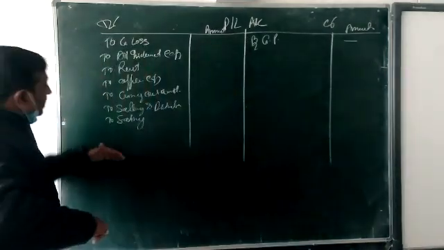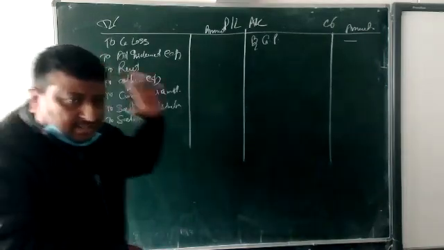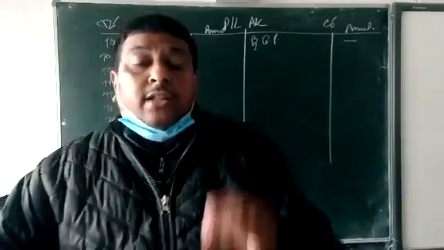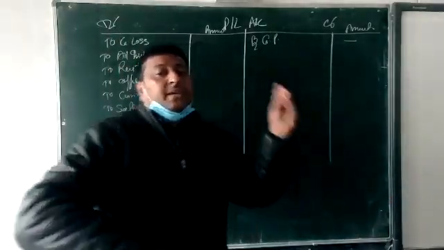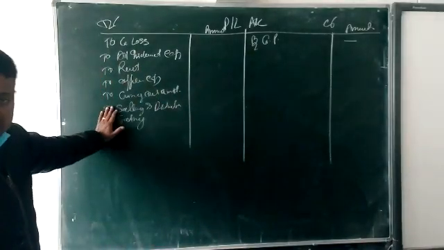Okay, don't just remember all this. Just keep in mind that all indirect expenses, or the expenses which we are not showing in the trading account, those expenses we are showing here. Okay, beta?